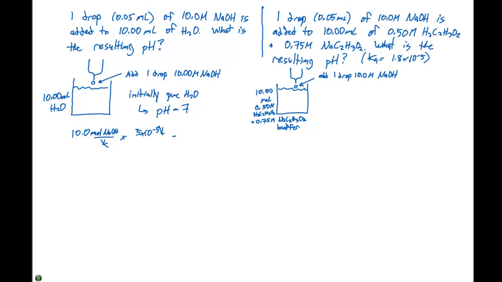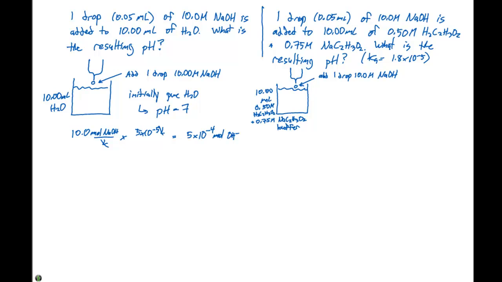So the amount of moles of OH minus we have is going to be 5 times 10 to the minus 4 moles of NaOH, but since it's a strong base, that's going to be the moles of OH minus.